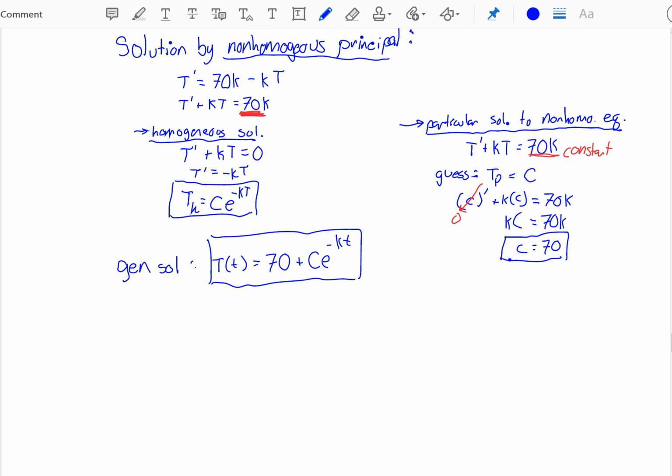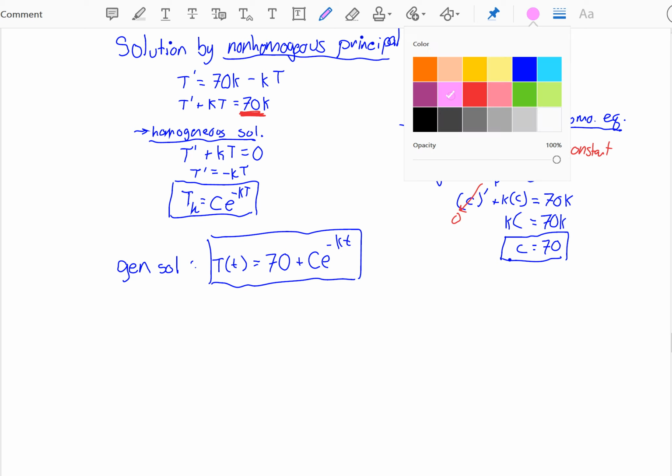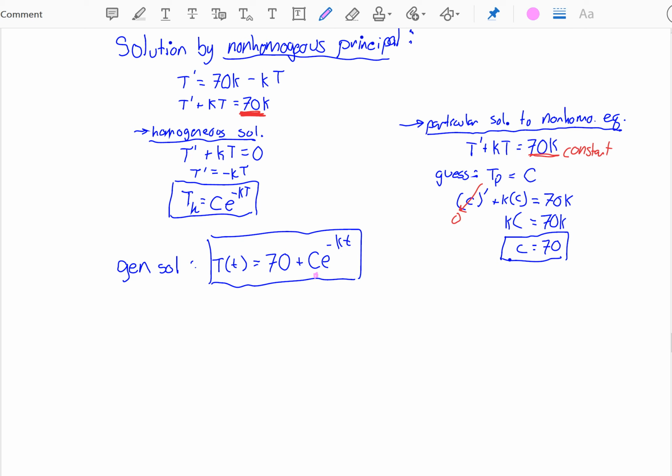Now, in our solution, there are still two things we don't know. We still have to figure out what is our constant c and what is our constant k.